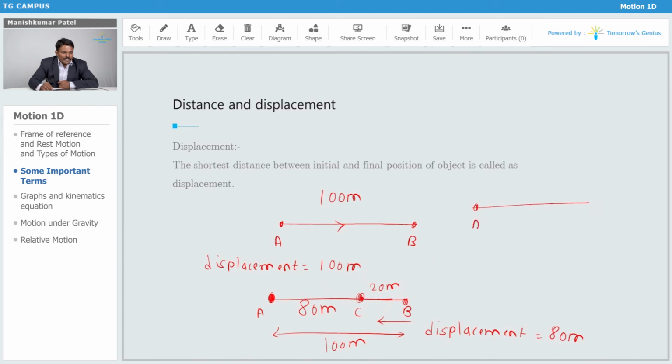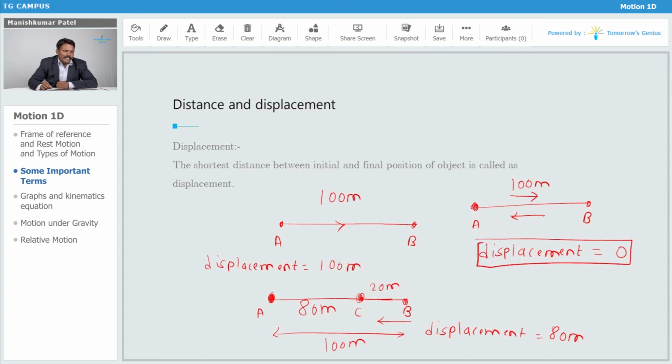And in the third case, again I left from A, again I reach B, and again from B to A. So if I reach A, the same point from where I initially left, the initial and final position is the same. There is no distance between them, so the displacement is 0.